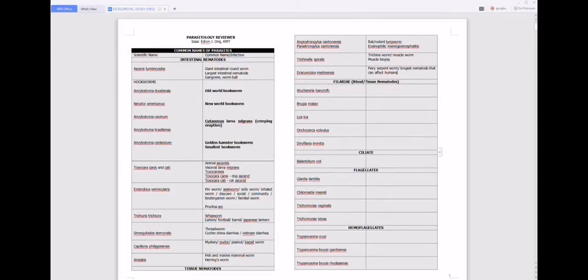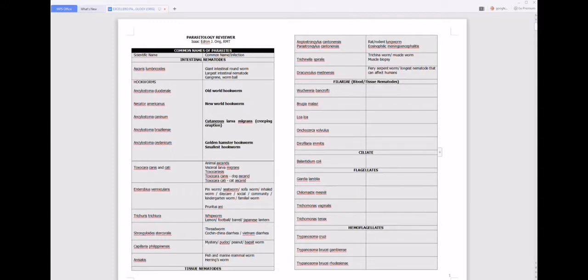So Dracunculus medinensis, fiery serpent worm, and the longest nematode that can affect humans. But when you are asked the largest intestinal nematode, Ascaris lumbricoides. Pero pag longest nematode, walang nakasabi na intestinal, Dracunculus medinensis. Kasi di ba tissue nematodes naman ang Angiostrongylus, Trichinella, and Dracunculus. Okay? So we are done with the intestinal and tissue nematodes.